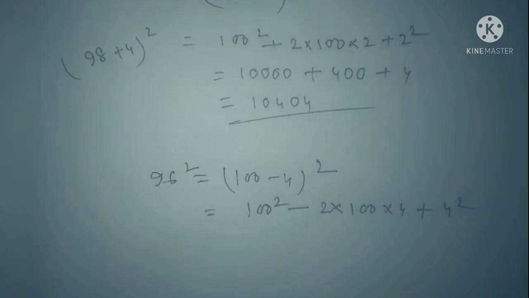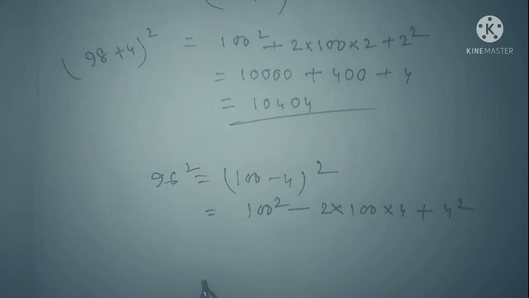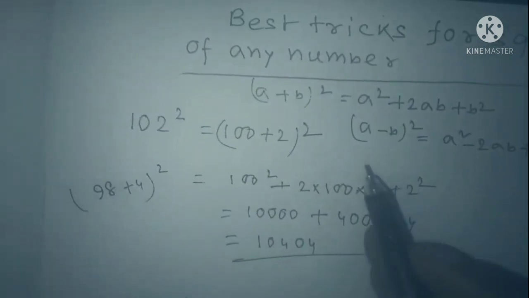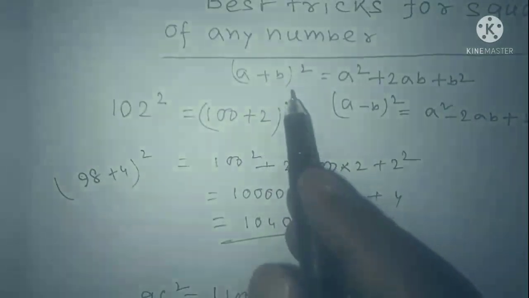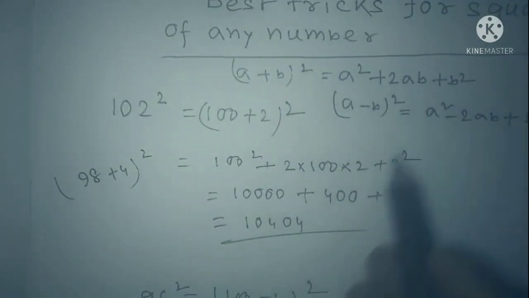So my dear students, this process is an amazing process, but you have to remember two formulas: a minus b whole square, that is a square minus 2ab plus b square, and a plus b whole square equal to a square plus 2ab plus b square.